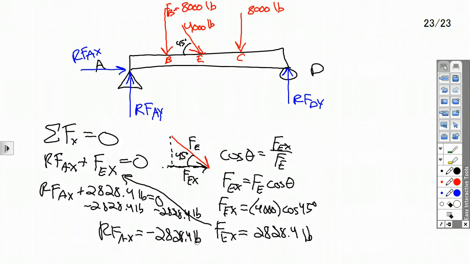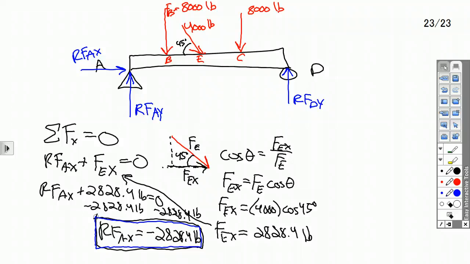Now it came out negative, but that's okay. It just means whatever way I assumed in the beginning that I drew is actually not that direction. So this force is actually going to the left instead of going to the right. So I'm going to leave it as the negative for now. If I redraw it later, I can deal with that, but it would actually be going to the left. So I have my RFAX. That's 1 in the bank.